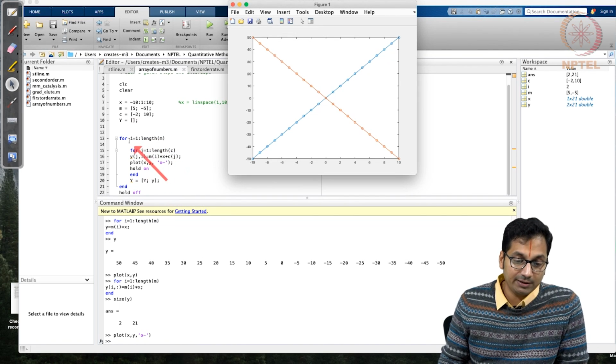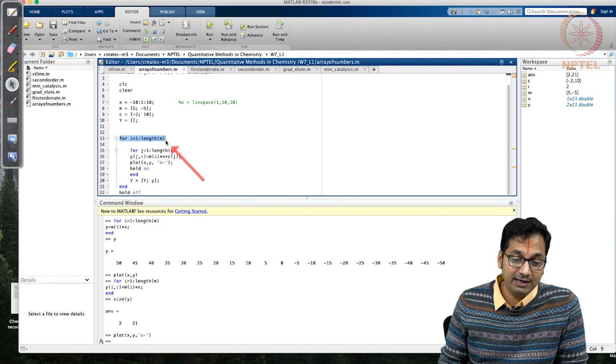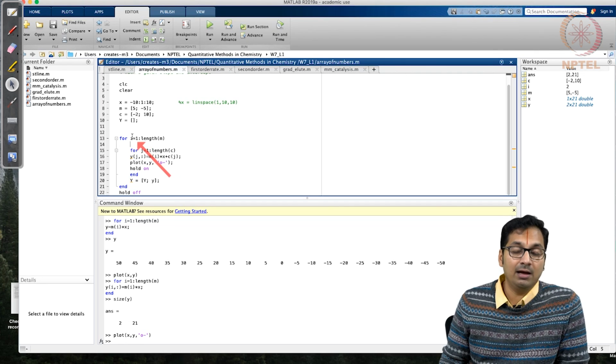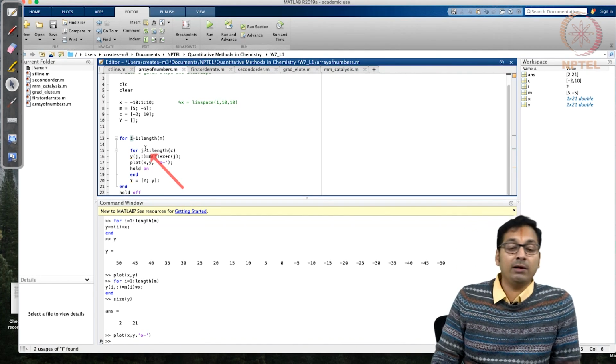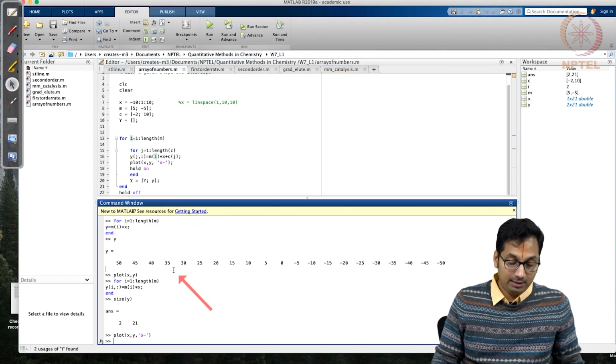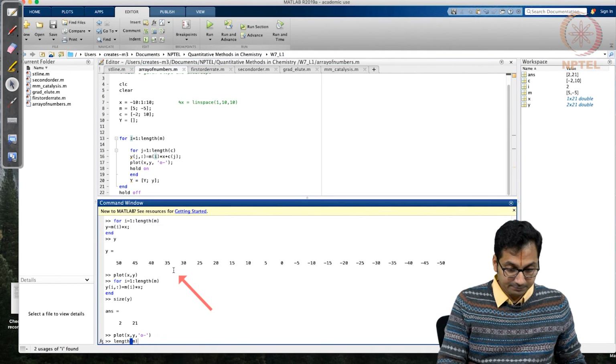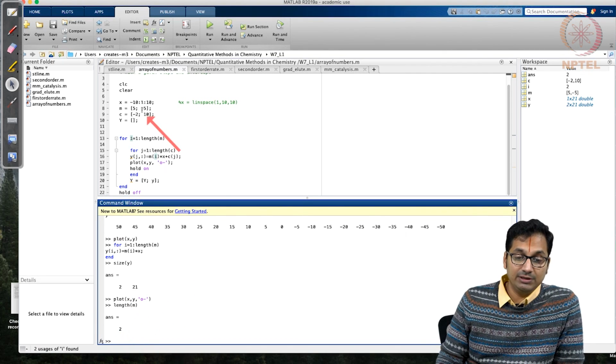So now what we are trying to do here is that we are defining for the first loop the incrementing variable I. So whenever you say for I equal to 1 colon length of m, and let us say what is the length of m, you see the length of m is 2 in this case.